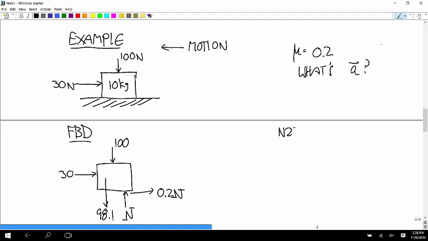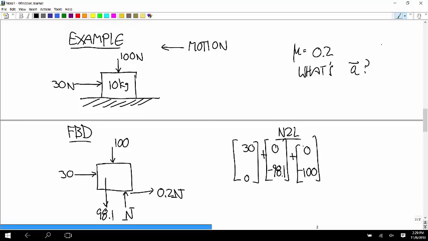Okay, and then Newton's second law says 30, 0 plus 0, negative 98.1 plus 0, negative 100 plus 0, n plus 0.2 n, 0 is equal to the mass times the acceleration vector.